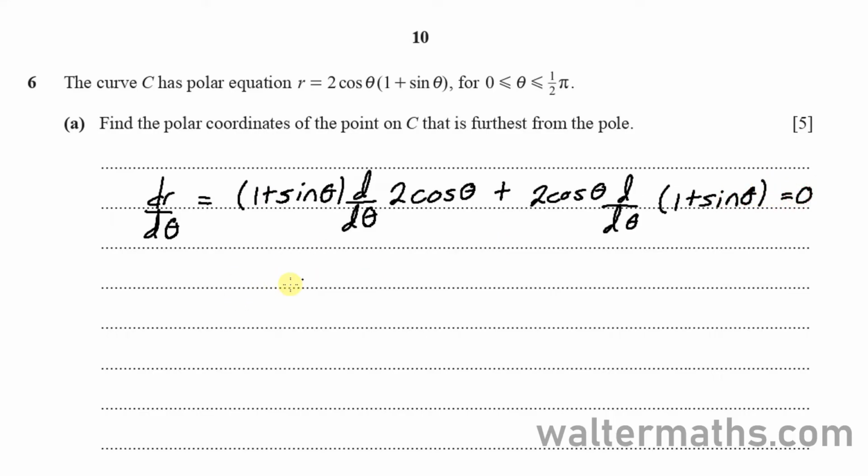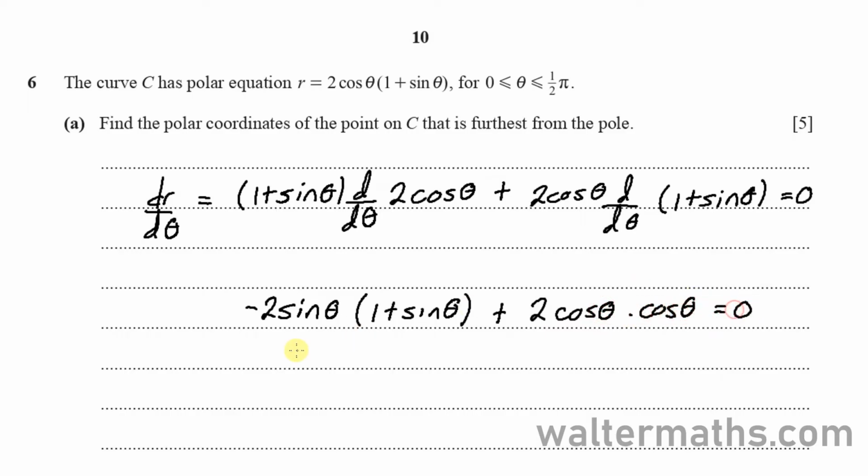So this should give us, differentiating 2 cos theta, we get minus 2 sine theta. So that's minus 2 sine theta of 1 plus sine theta. And it's plus, here, differentiating 1 plus sine theta, we get cos theta. So we have 2 cos theta of cos theta. And that's equal to 0.